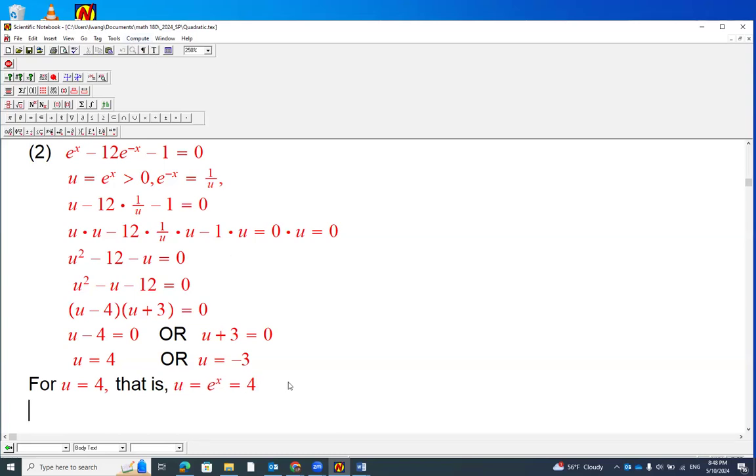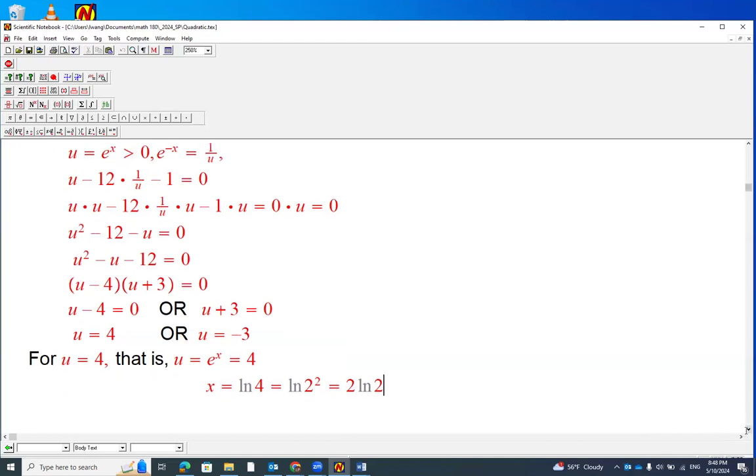And solving for x would be equal to natural log 4. Well, if you'd like to reduce it, you can, but this is optional, because 4 is 2 squared, and that equals 2 times ln 2. It's optional.